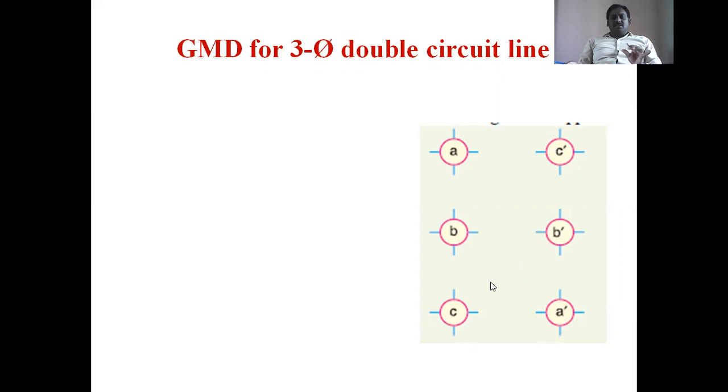Like that, the distances are defined between these conductors. Here A dash, B dash, C dash are also conductors, but of the second circuit. That's why we consider the distance between the second circuit conductors as well as the first circuit conductors.